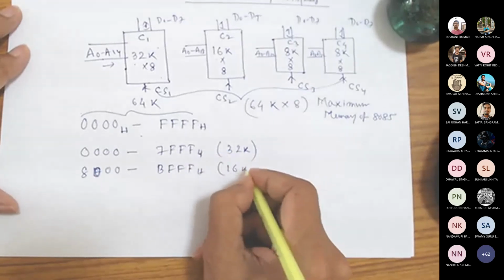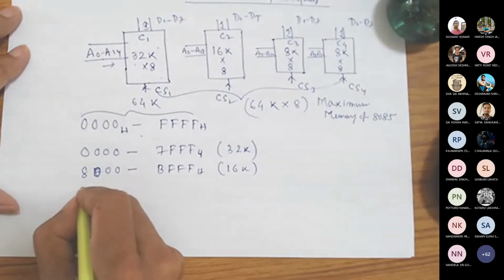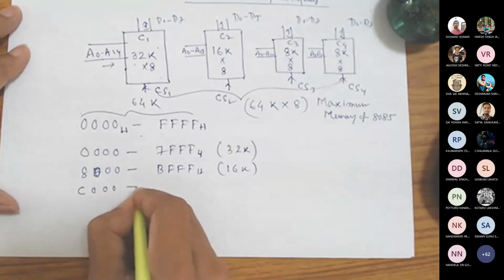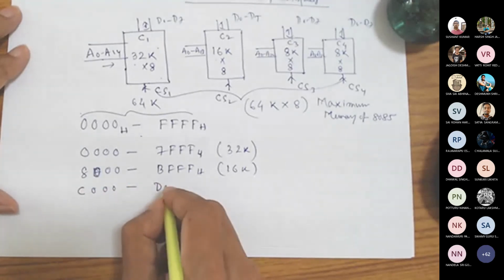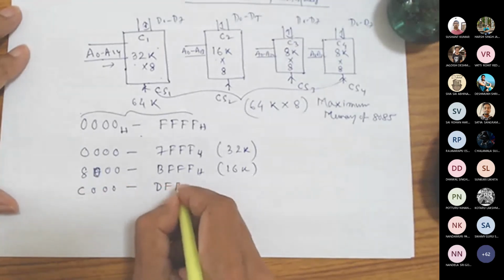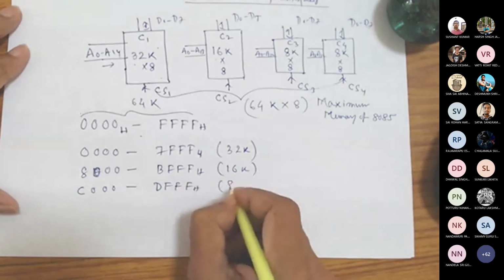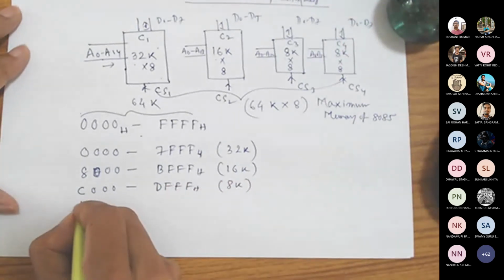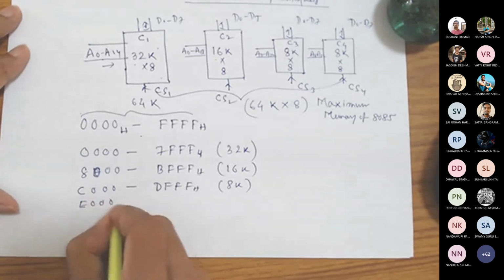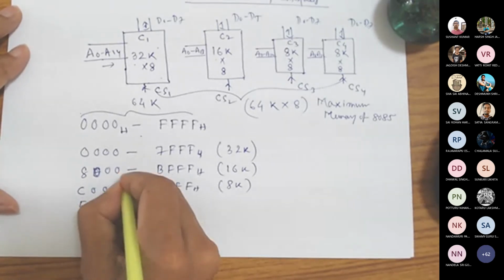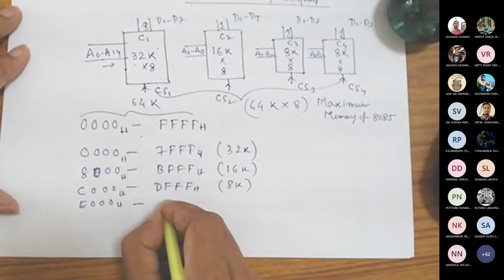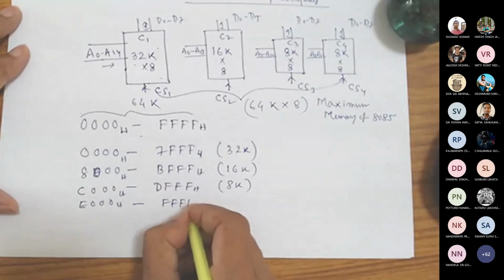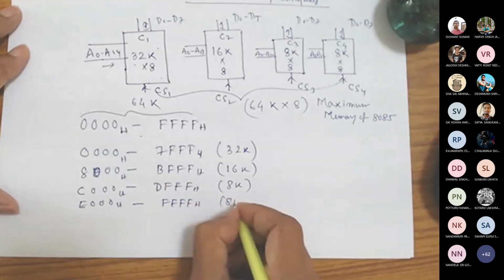This is basically 16K. Then C000 to DFFFH. This is 8K. Then E000 to FFFF. This is 8K.